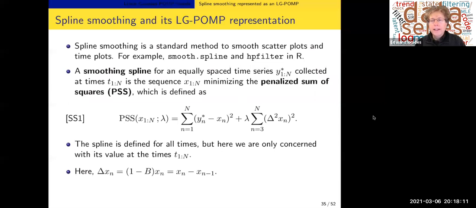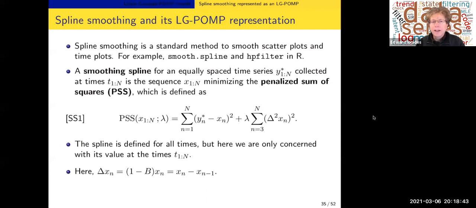So, the intuition for smoothing splines: lambda penalizes x_1 to N to prevent the spline from interpolating the data. And the boundary case is, if lambda is 0, the spline goes through each data point, in which case x_1 to N will interpolate the data because it has no penalty for being as wiggly as it wants to be in order to make the y_n minus x_n squared term 0.